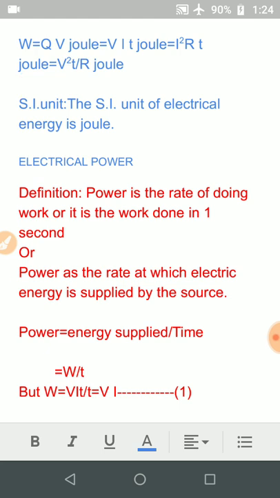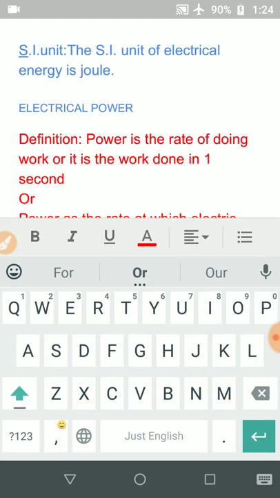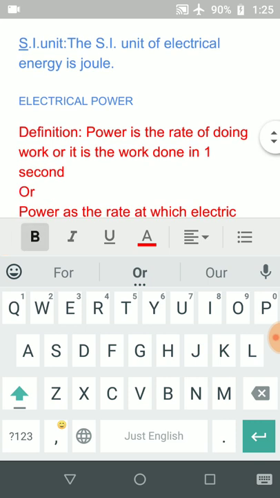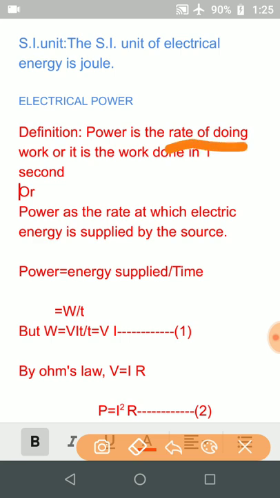Power is the rate of doing work in 1 second, or it is the work done in 1 second.